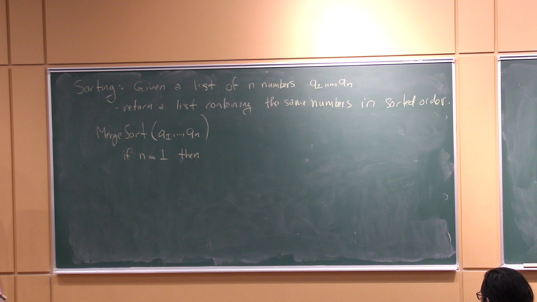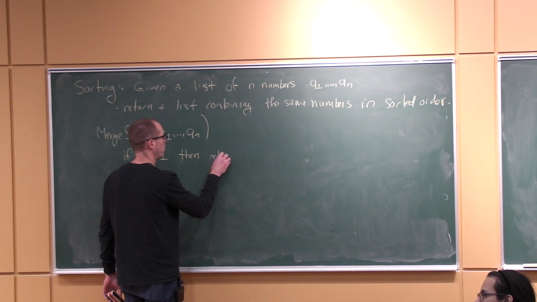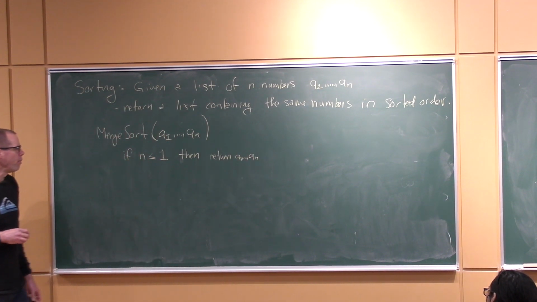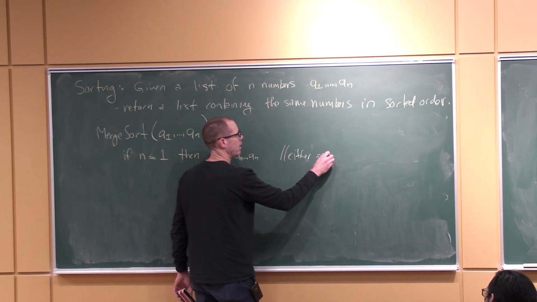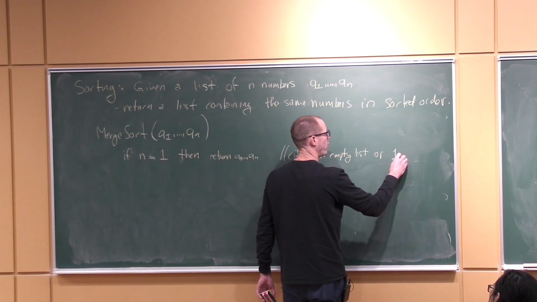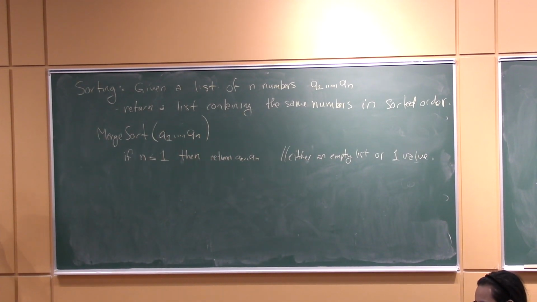Is that particularly difficult to sort? There's nothing to do, right? A list with one element is already sorted, and an empty list is somehow trivially sorted. So in that case, we just return A1 through AN, but really this means either an empty list or one value. That's the easy thing to do.